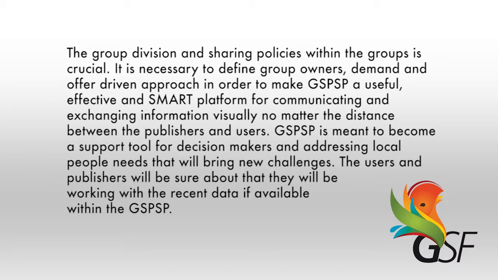It is necessary to define group owners' demand and offer-driven approach in order to make GSPSP a useful, effective, and smart platform for communicating and exchanging information visually, no matter the distance between the publishers and users. GSPSP is meant to become a support tool for decision makers and for addressing local people's needs that will bring new challenges. The users and publishers will be sure that they will be working with the most recent data available within the GSPSP.